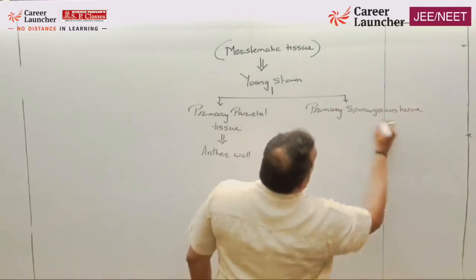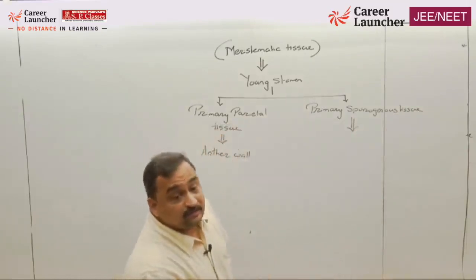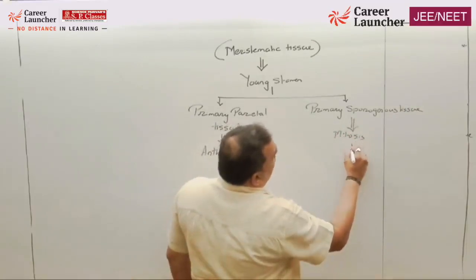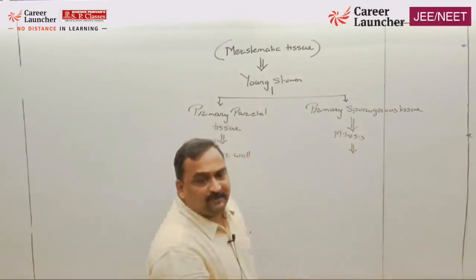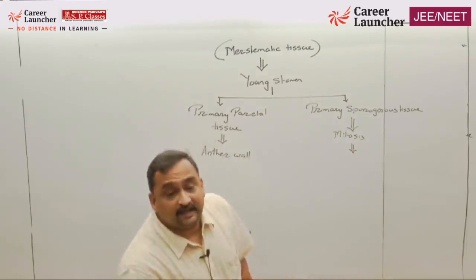The primary sporogenous tissue undergoes mitosis, and this replicates time and again to produce a specific type of cells called archesporial cells.